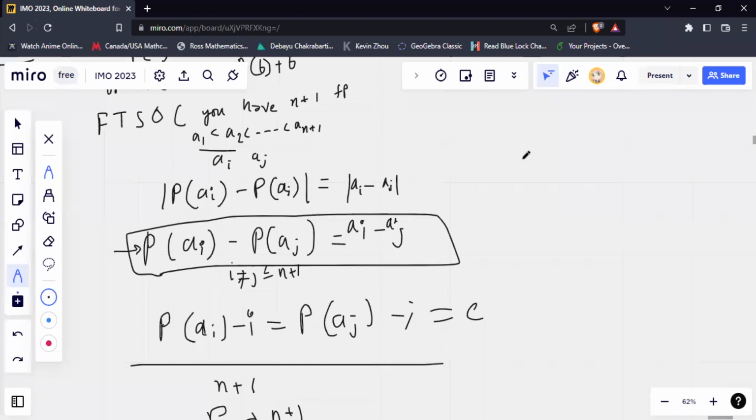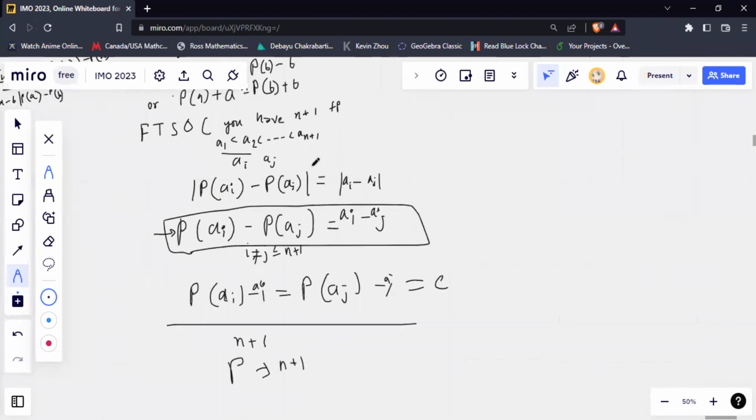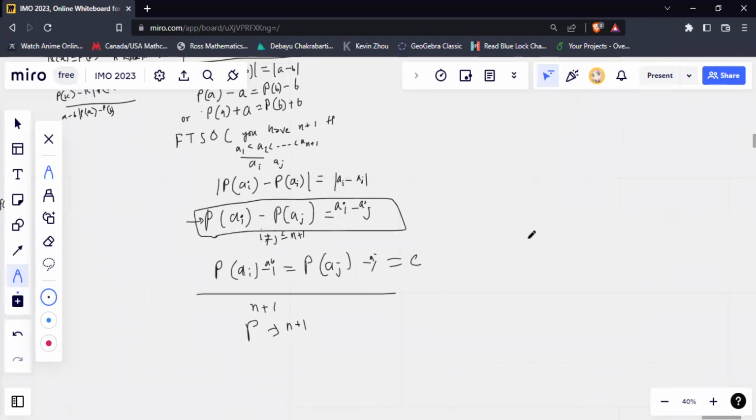Wait, if we have P of AI plus AI and P of AJ plus AJ for n plus 1 things, that should still be a constant. That would also be a contradiction only, right?